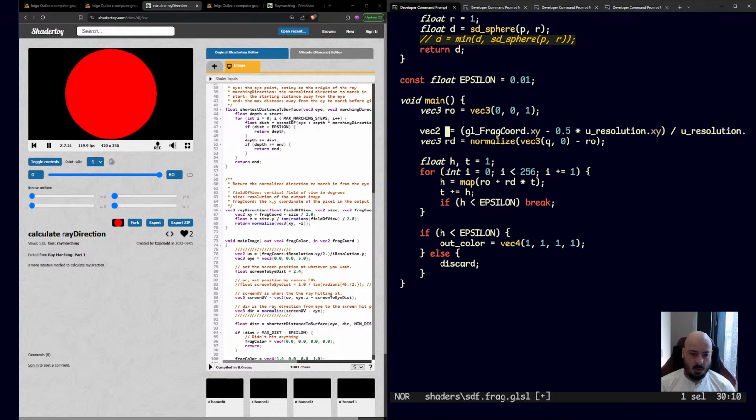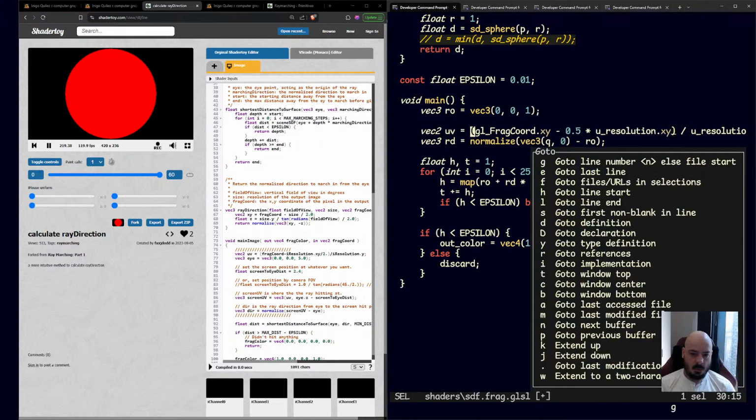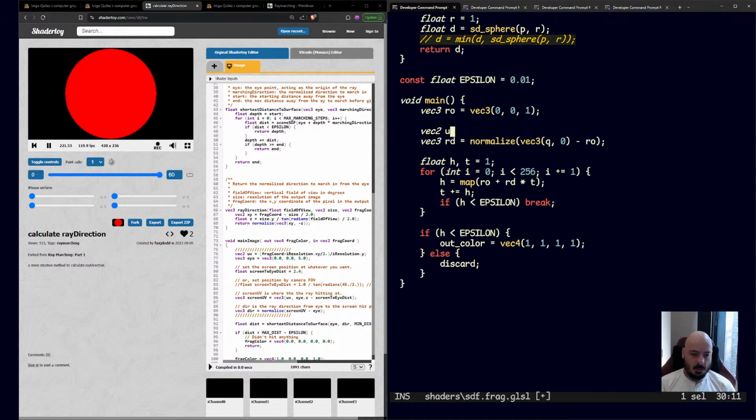So let's see, UVs. I'm going to copy this other guy's code, but I don't understand it yet, which is annoying. So we've got the frag coordinate xy divided by 2, divided by the resolution .y.